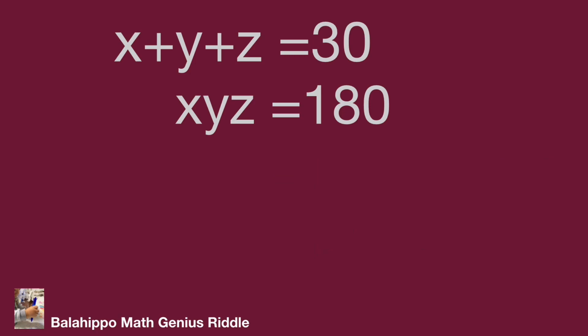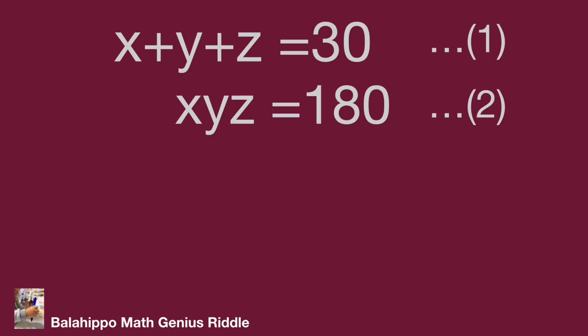Okay, another idea is to shrink the value range of x, y, z. Let x plus y plus z equal to 30 be equation 1, and xyz equal to 180 be equation 2.